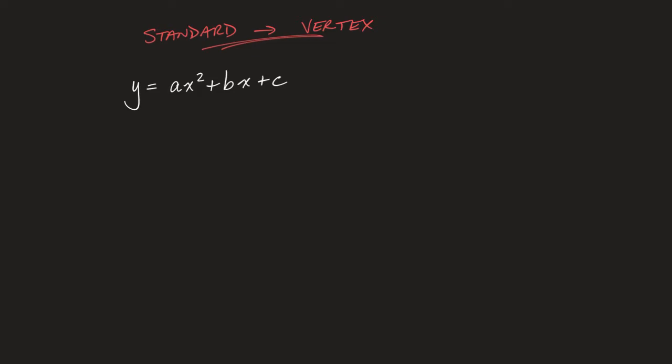Okay, for me to go from standard to vertex, I have to be able to get that converted to that. And what that means is I have to somehow get a perfect square in there. So I need to somehow change that standard form and put in a perfect square.